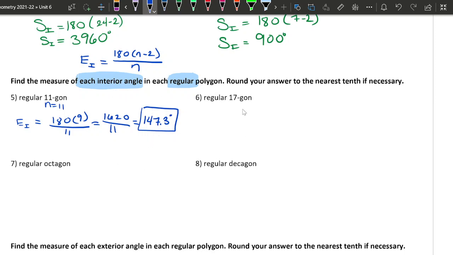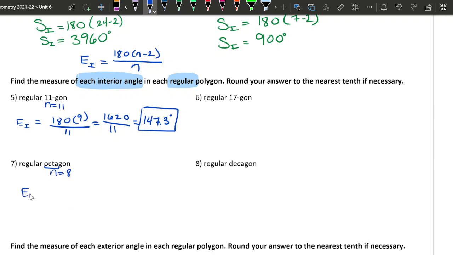All right, so I'm not going to do every single one of these because I think you get the pattern now. 17-gon is going to be the same thing, but substitute in 17 for n. Octagon, octa is 8.